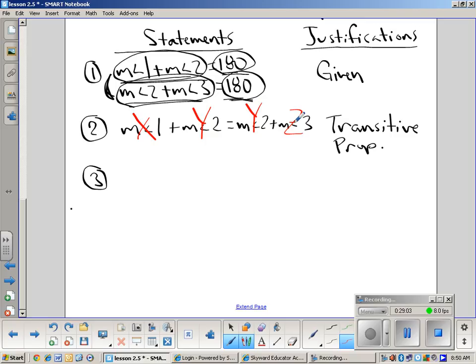And so, what would I do to simplify this equation? Give others a chance first. What would I do to simplify that equation? I know someone knows out there.